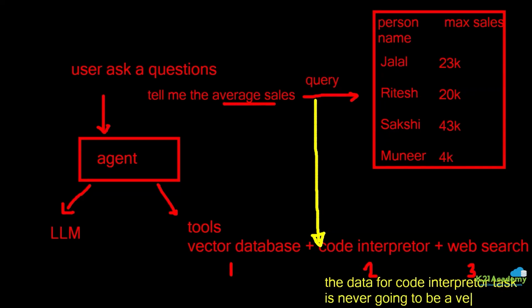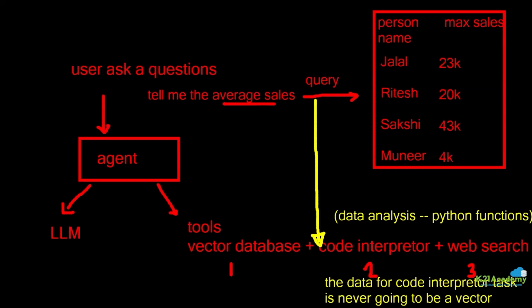Remember this. And what is the code interpreter? This is actually a data analysis tool. It's like a Python tool which can run Python functions. Simple. It's inbuilt. Now that doesn't mean we can't create this kind of thing, but this comes out of the box from the Foundry side.